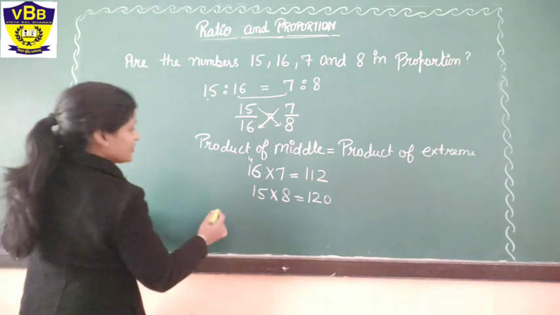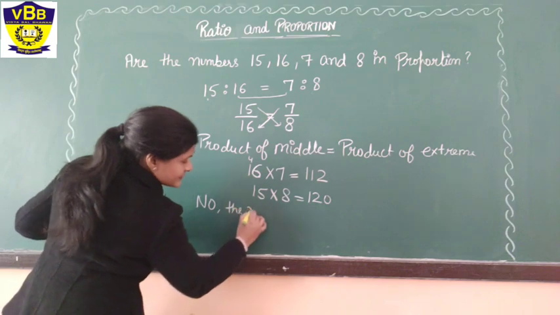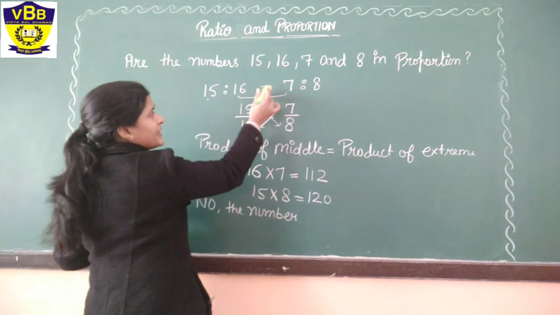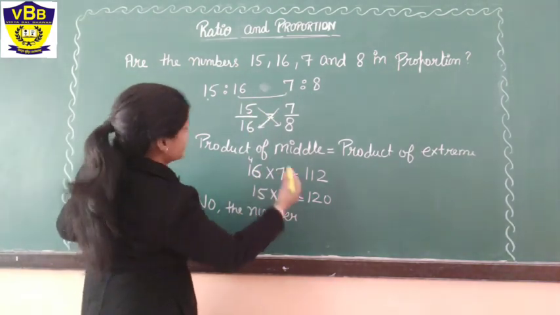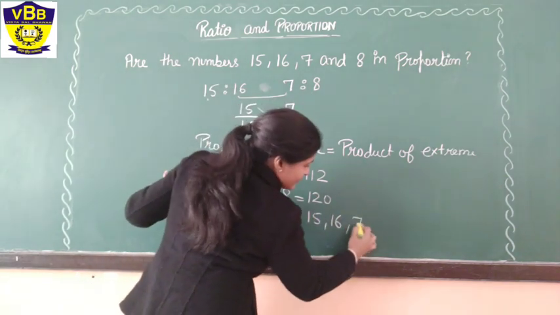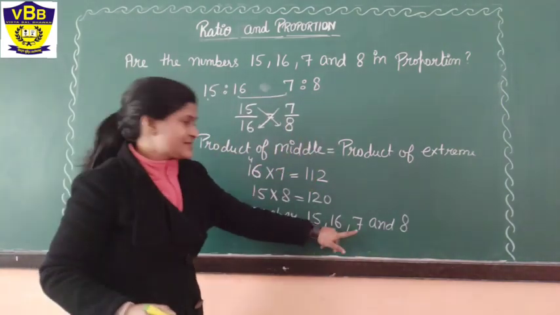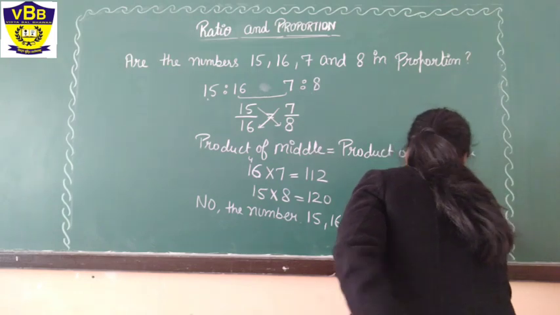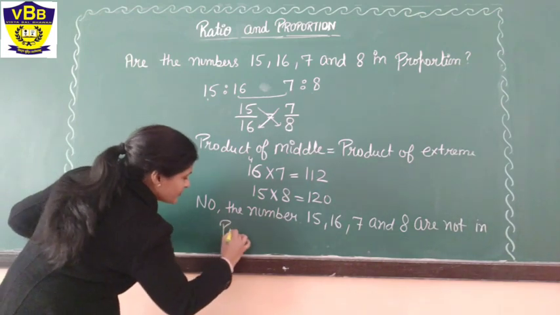So we can say the numbers 15, 16, 7 and 8 are not in proportion.